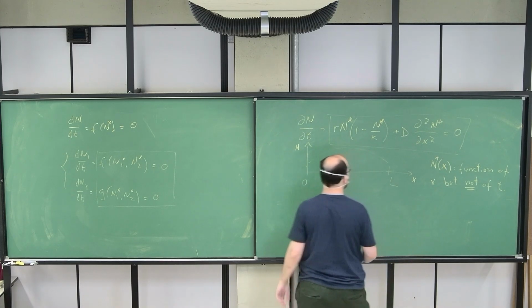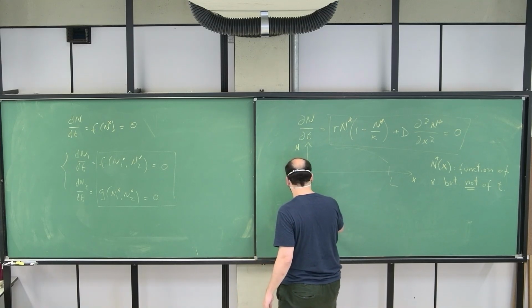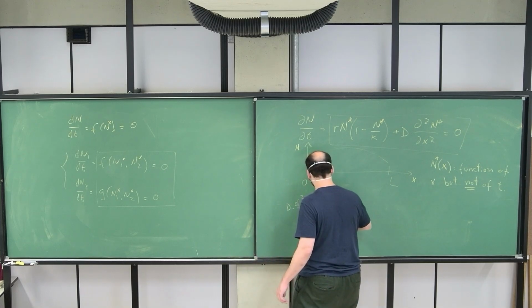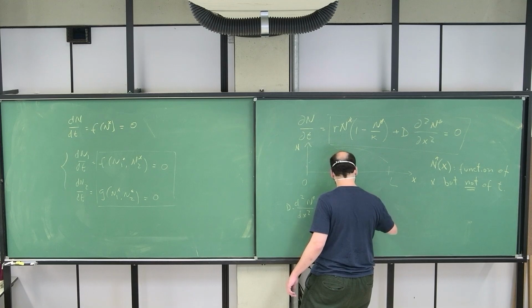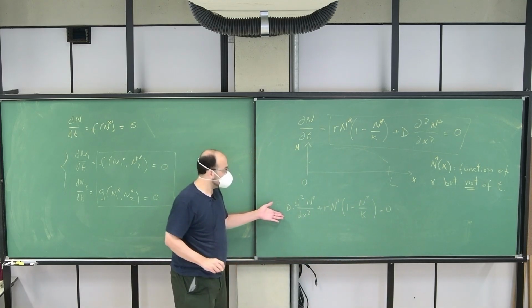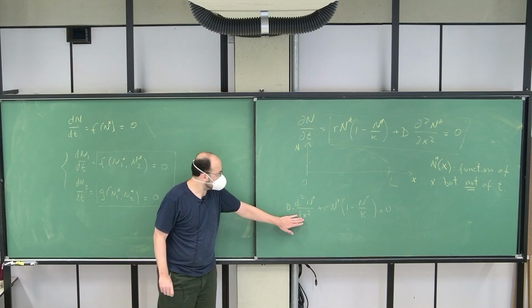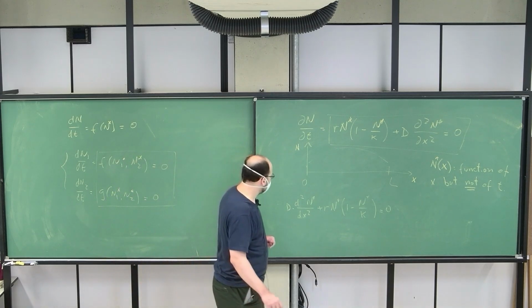So I can actually write this equation as: G d2 n star dx squared plus r n star (1 minus n star over k) is equal to 0. And this is an ordinary differential equation, an equation that involves the derivative of n as a function of x.